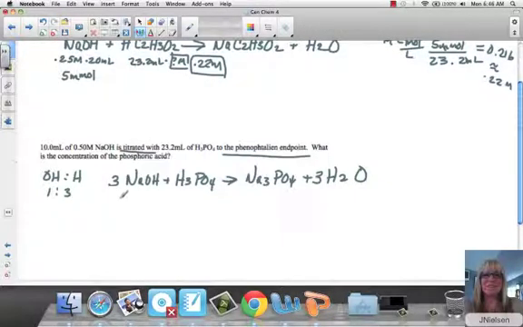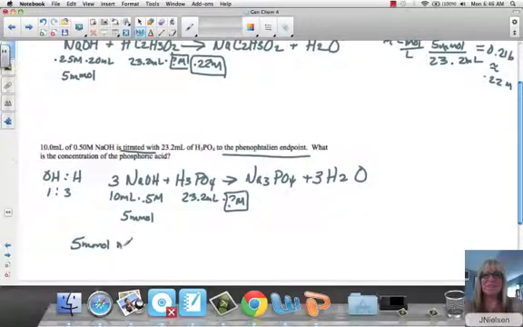So what do we know? We know that we've got 10 mL of 0.5 molar, which is going to give me 5 millimoles. And I've got 23.2 milliliters, and I don't know the molarity again. So I can use some mini stoichiometry. I've got 5 millimoles of NaOH.